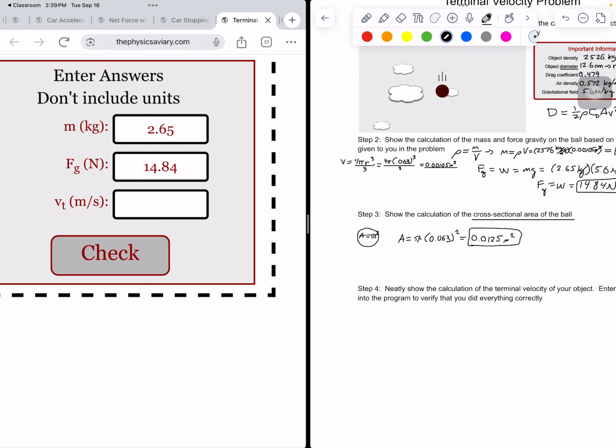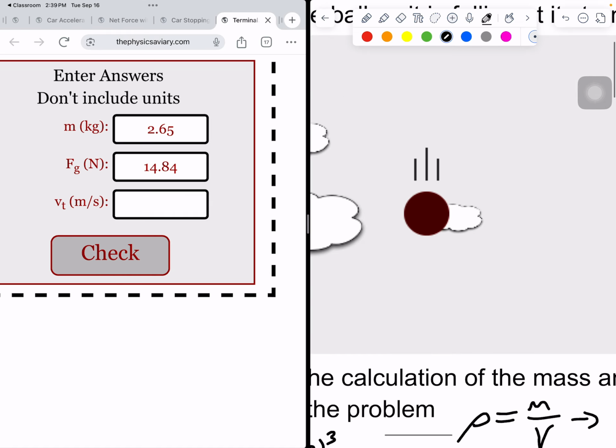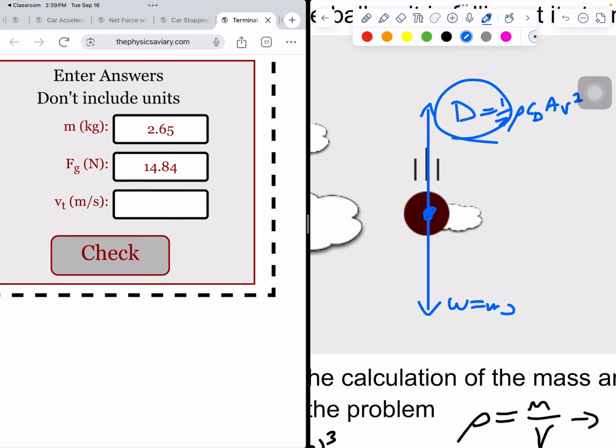Okay, so now we're going to show how we calculate the velocity of the object. Now the velocity of the object in this case is terminal velocity, because at terminal velocity, the weight going down balances the drag force going up, which is 1/2 rho times the drag coefficient times A times V squared. This is balancing that because the acceleration has dropped to 0.